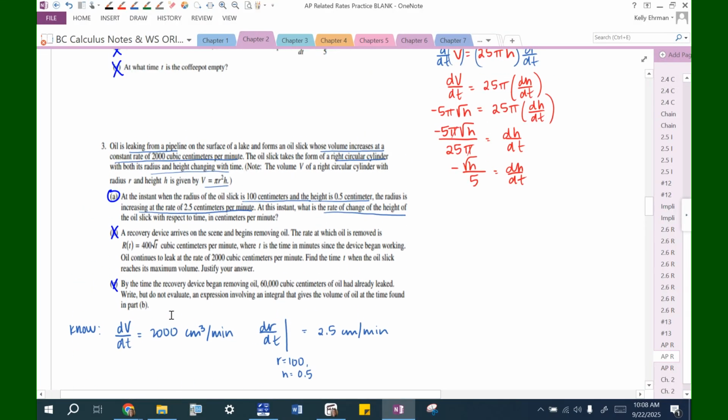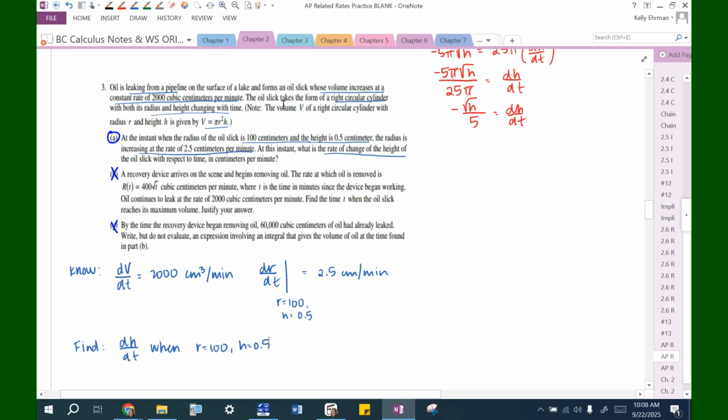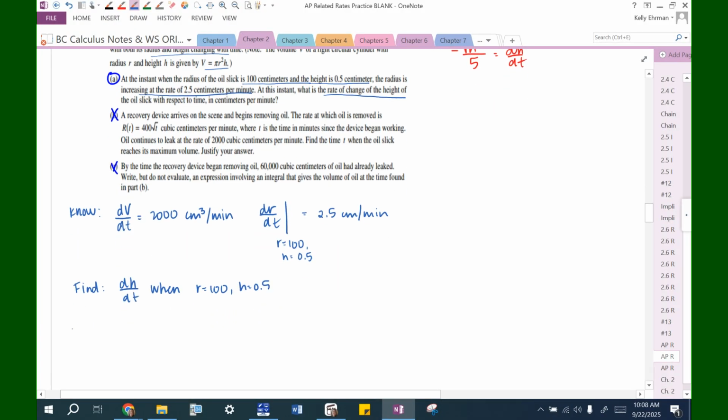That means in this one, we're talking about a cylinder anyway, so I am not going to replace an r or an h. I don't have a relationship between r and h. They're both changing. This is a cylinder that's getting wider and taller, right, as the oil pours in. So we are going to use volume equals pi r squared h.